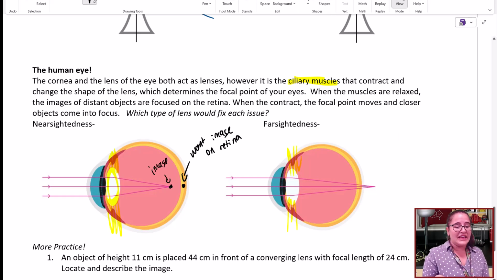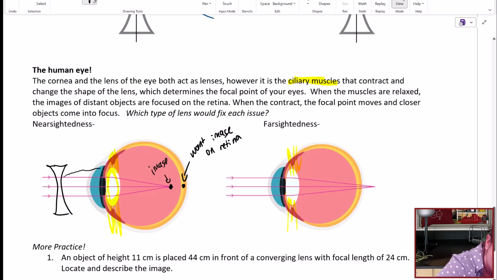But if the muscles are too contracted, they're diverging it too much, well, how are we going to fix that? That image is showing up too close. So if we put a diverging lens here, that would cause these rays to spread out a bit before they hit the eye.